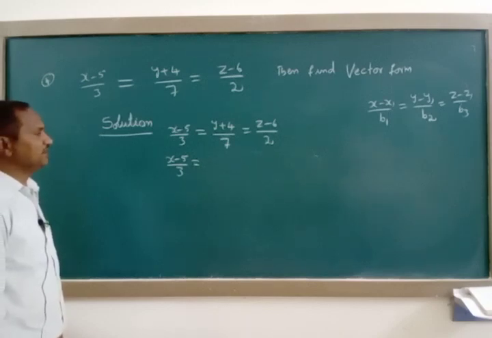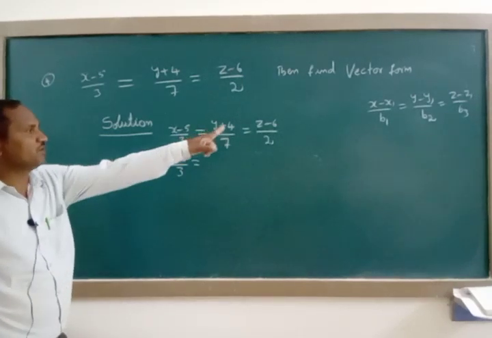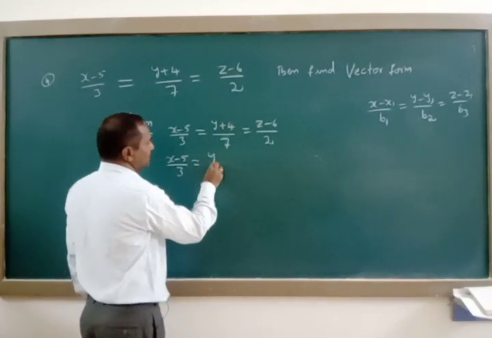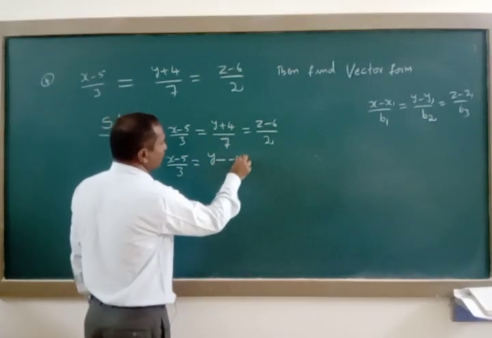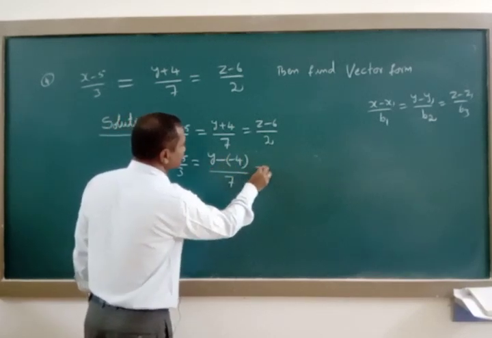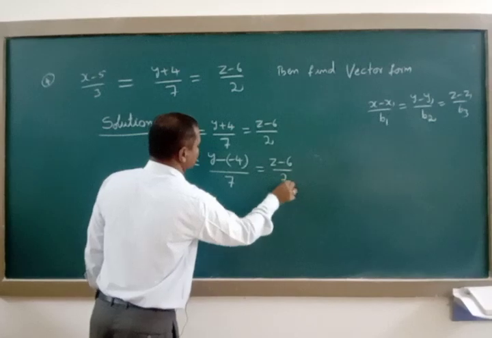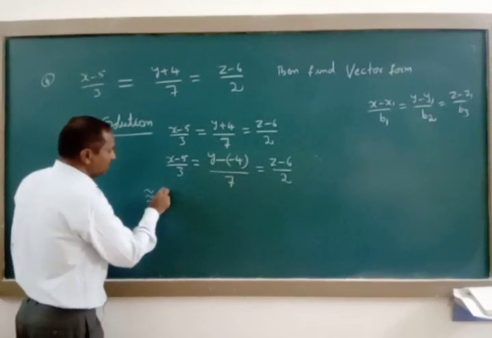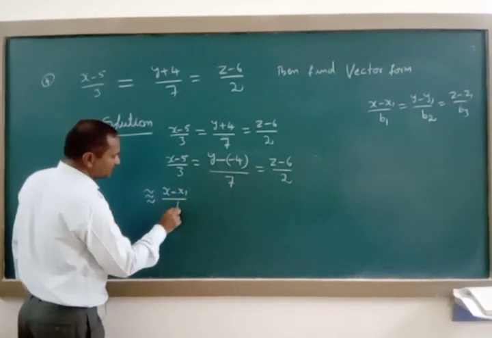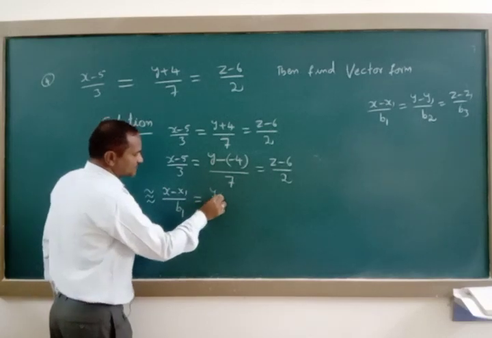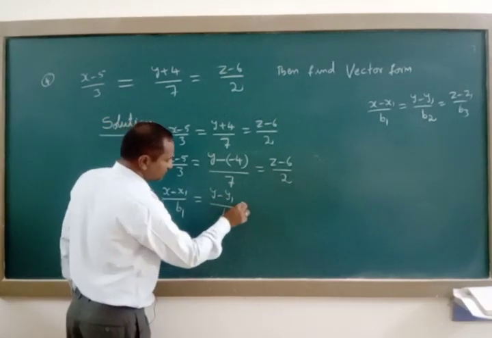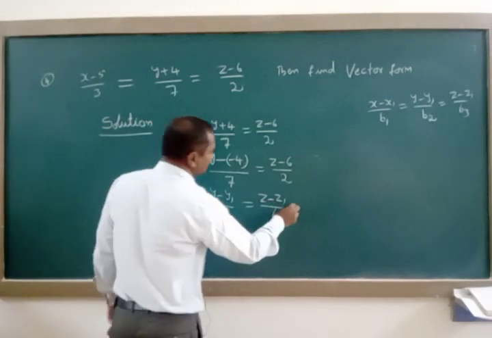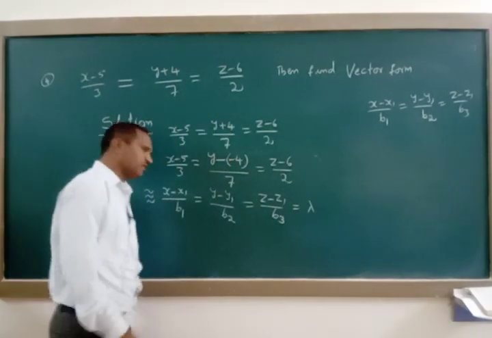The plus 4 can be written as minus of minus 4, because the conversion to that form is (y minus y1) by b2. So y plus 4 can be written as y minus of minus 4, whole dividing by 7, is equal to (z minus 6) by 2 here. And afterwards you compare them with the general form of the equation of a straight line like this: (x minus x1) by b1 is equal to (y minus y1) by b2 is equal to (z minus z1) by b3 is equal to some lambda, which you may or may not consider as you wish.